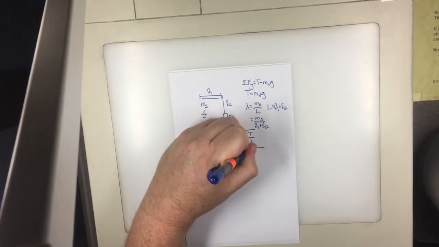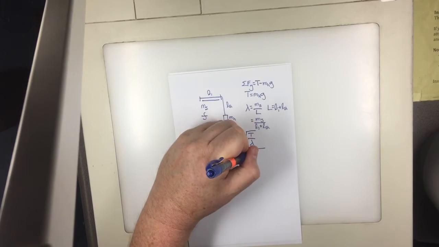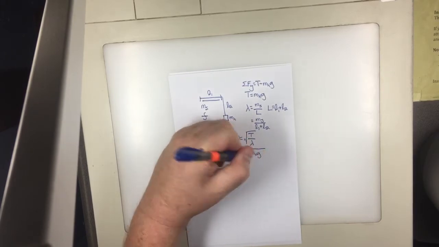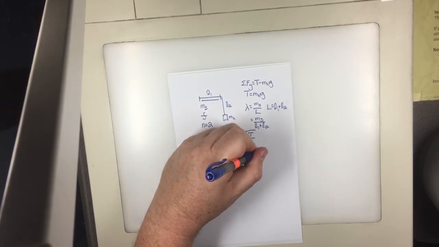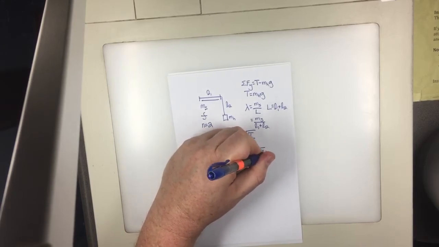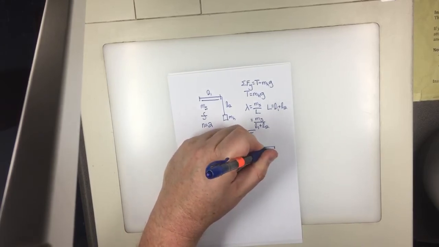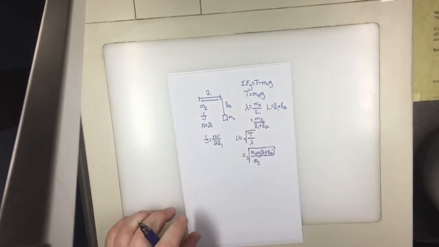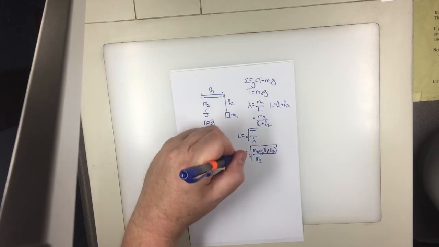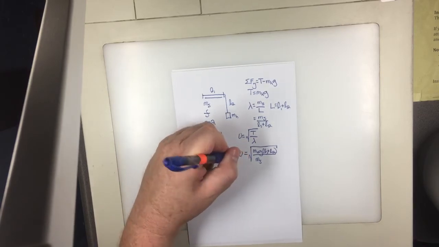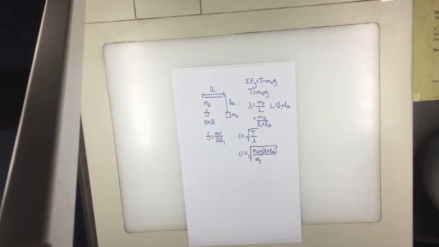So this becomes mass hanging gravity, L1 plus L2 over mass of the string. And that is the velocity.